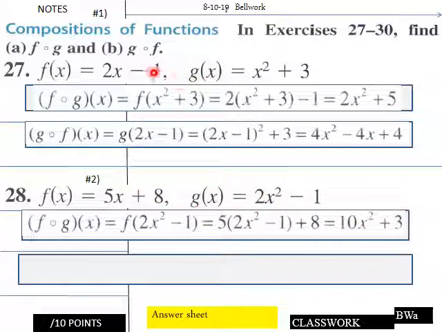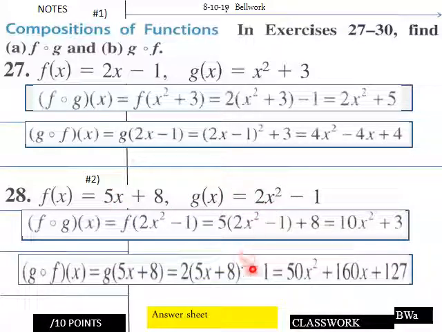And for g of f, you then insert this function over here. So it would be 2 times 5x plus 8 squared minus 1. This is what you get over here when you square that, and then you subtract 1, and you end up with this quadratic over here for that one, students. So that's what you should have.